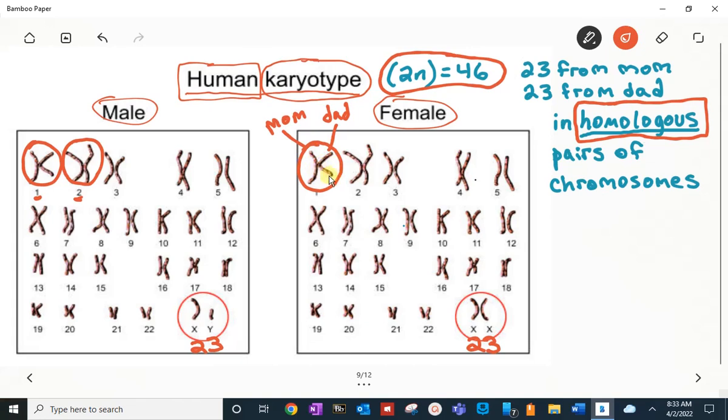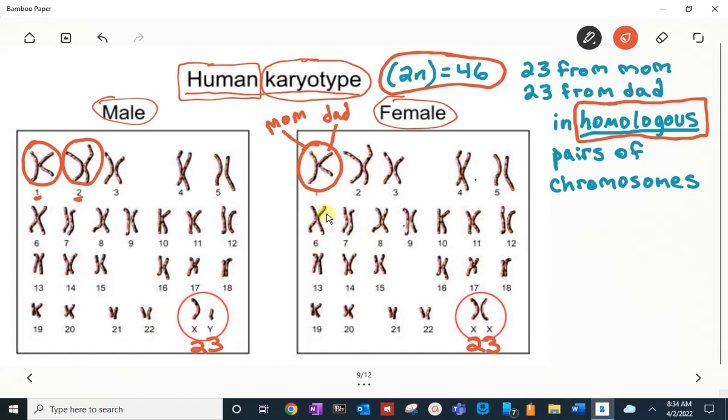And it's homologous because homologous just means they're similar. These are genes coding for the same thing. They're not identical because mom's gene could have the instructions for blue eyes and dad's gene could have the instructions for brown eyes. So they're not necessarily identical, but they're going to be coding for the same thing, such as eye color.